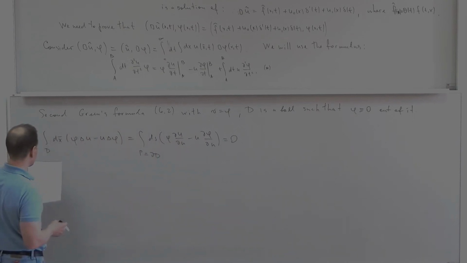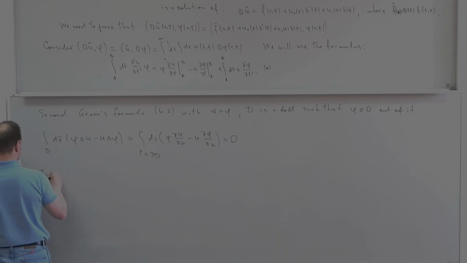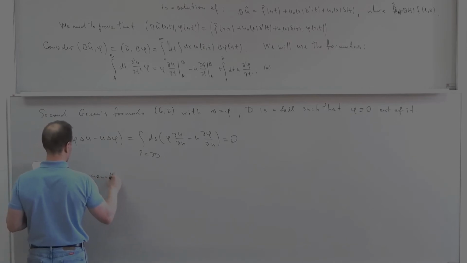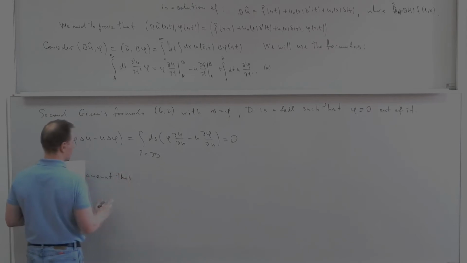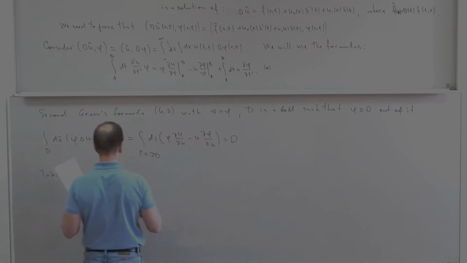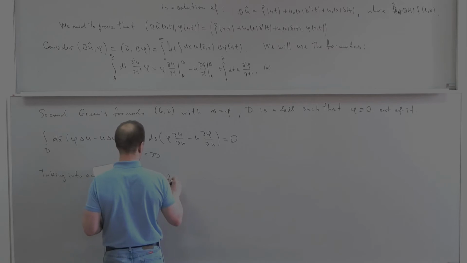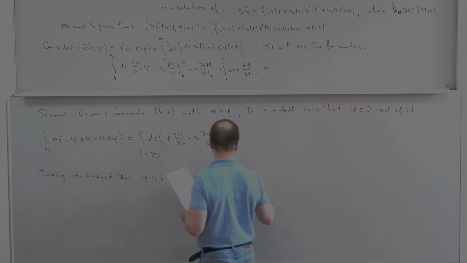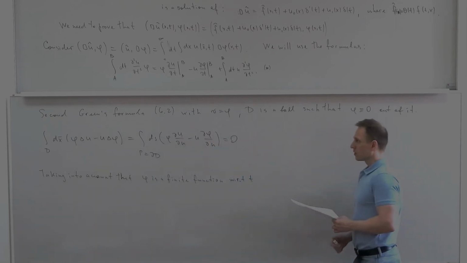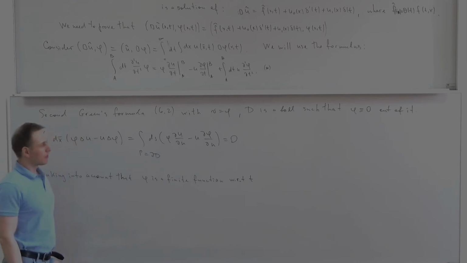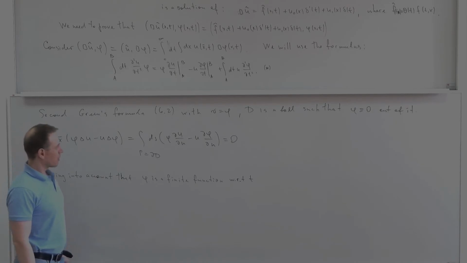So, taking into account that phi possesses a compact support with respect to the variable t as well, all the out of the integral terms which appear in this formula at the upper limit, when t is put to infinity, are equal to 0.